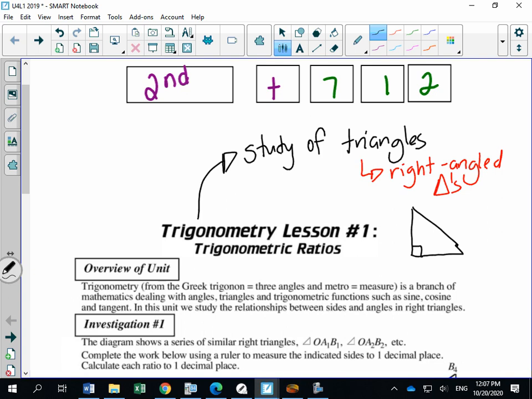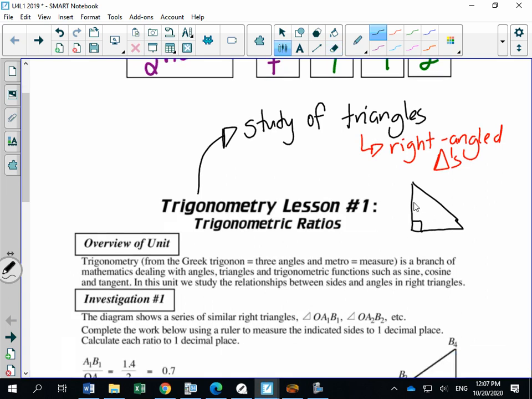When we're studying trigonometry and these right angle triangles, we're going to be studying the sides of the triangle. There are 3 sides to every triangle, and we're going to be studying the angles. I'm going to call this one angle X, with a little degree sign, and this one angle Y, with a little degree sign. This one here, because it's a right angle triangle, is 90 degrees.